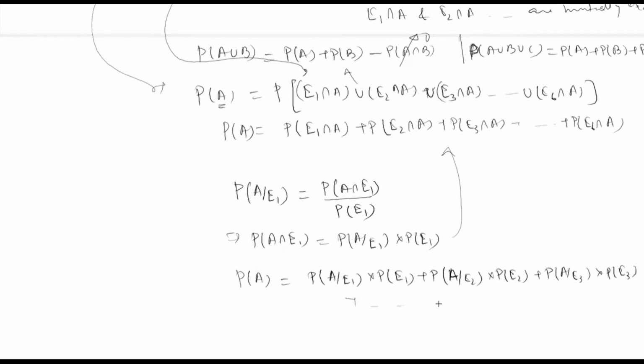Then it will go on until P of A given E6. For every intersection, we are writing it like this.